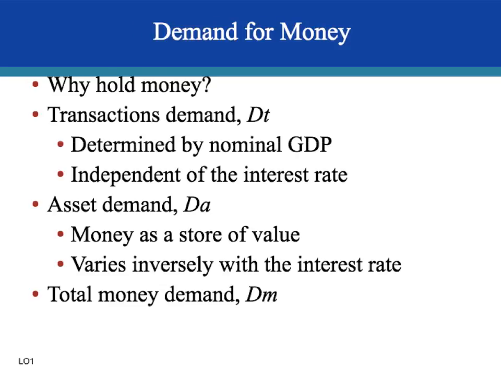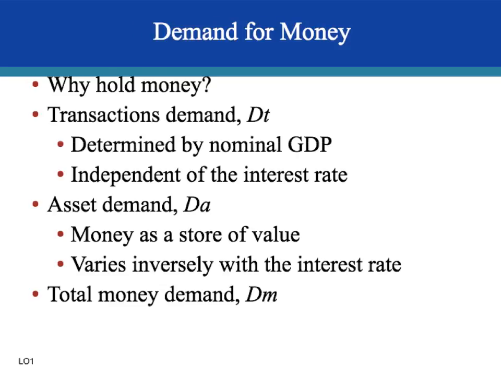And then the other reason is asset demand. Whenever someone buys an asset, money would then be used as a store of value. And this varies inversely with the interest rate. So the lower the interest rate is, the lower the interest assets pay to the holder.